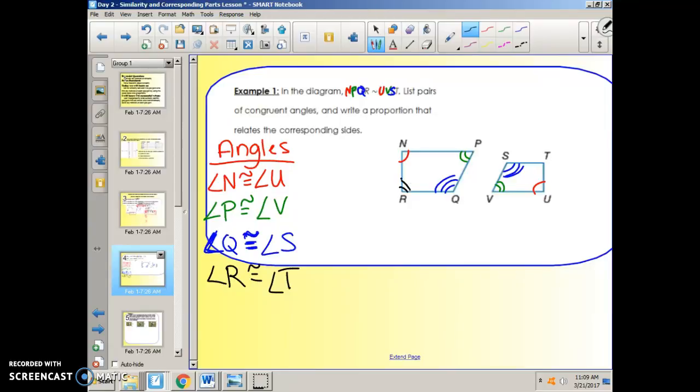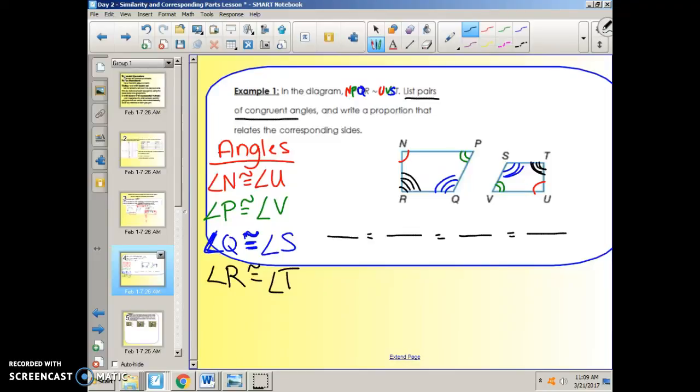Okay, so that part I think is the easier part. That's what it's asking for you to do right here. List the pairs of congruent angles. And now you have to write out a proportion that relates all of the sides. Okay, if there's 4 sides, you need 4 fractions.